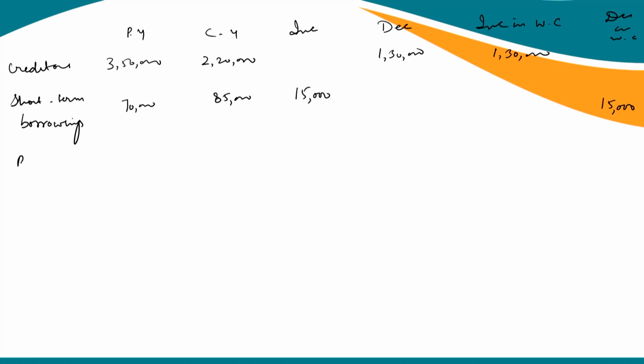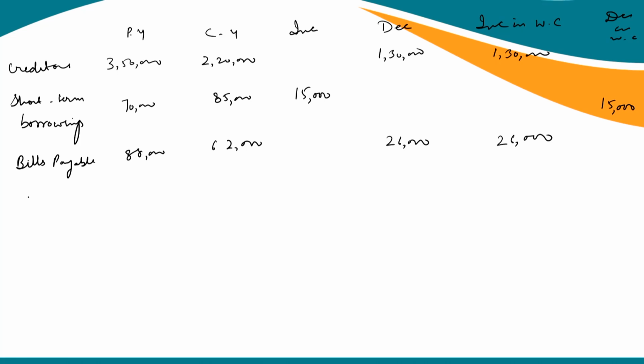Next is bills payable, 88,000, 62,000, leading to again a decrease of 26,000, increase in working capital by 26,000.